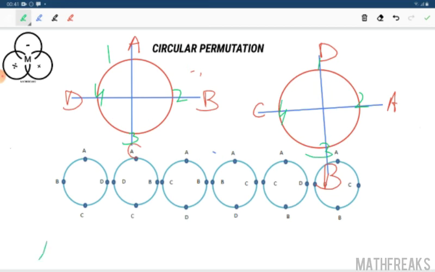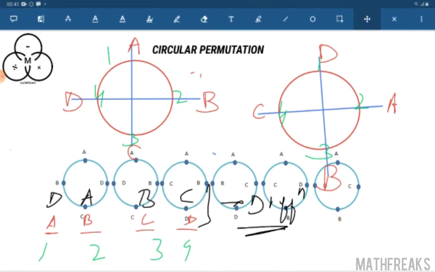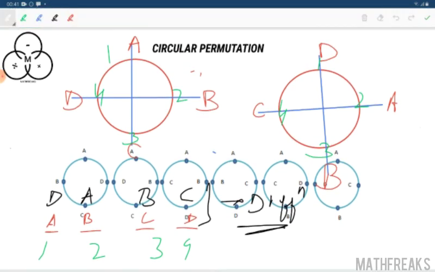Now in case of a straight line, the arrangements A, B, C, D and the second arrangement D, A, B, C are different.